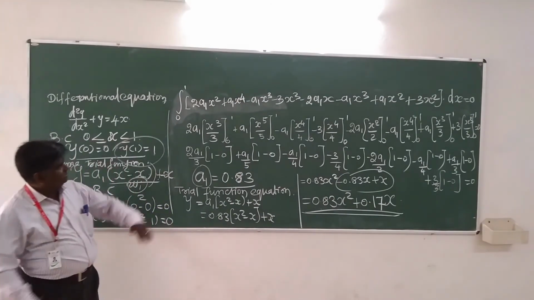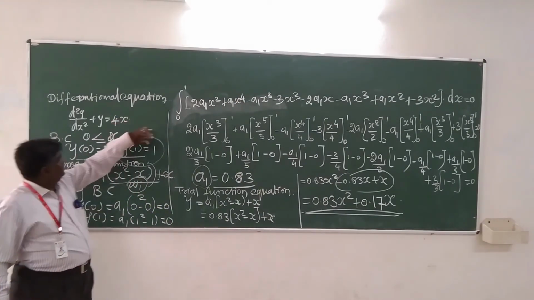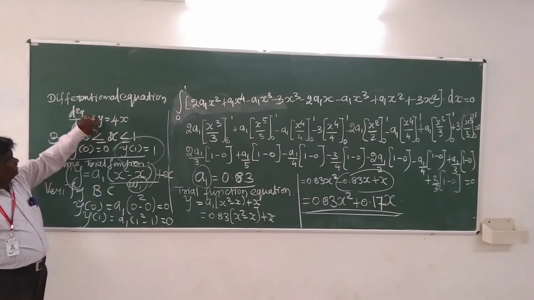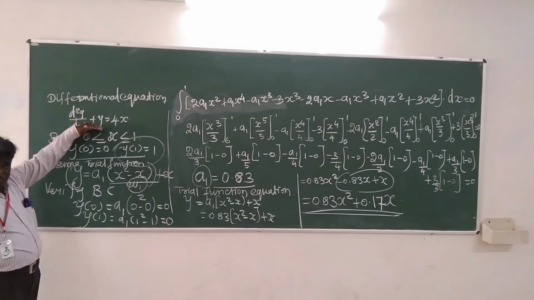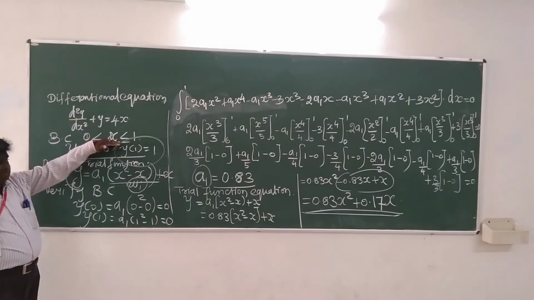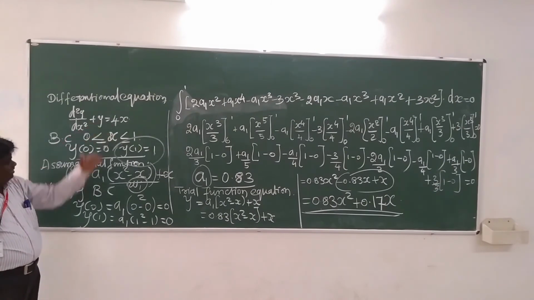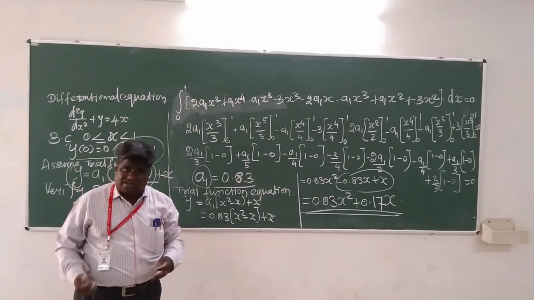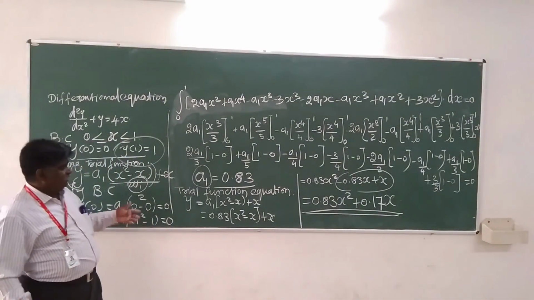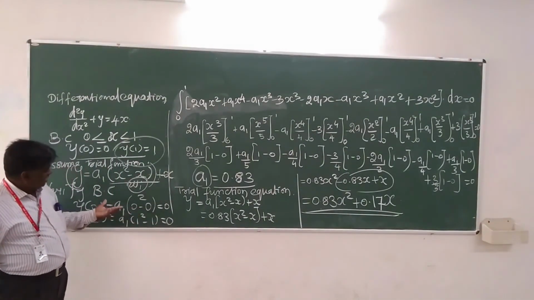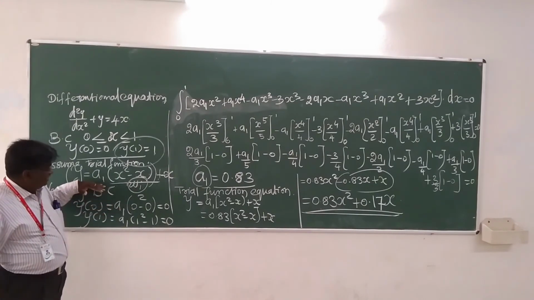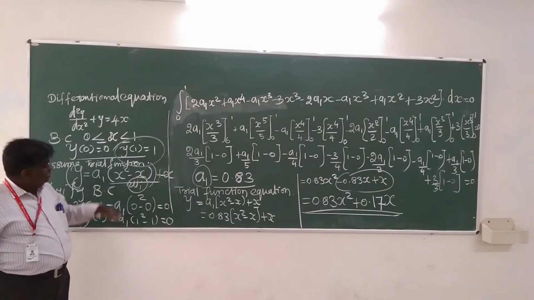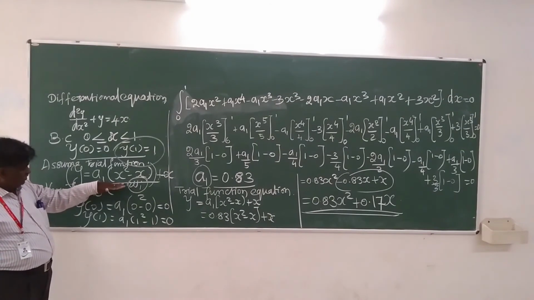I summarize this. The first step in this problem: the differential equation is given, the boundary condition is given. Based on this boundary condition, we have to verify whether the boundary condition is satisfied or not. In this problem the trial function equation is not given, so we have to assume it.